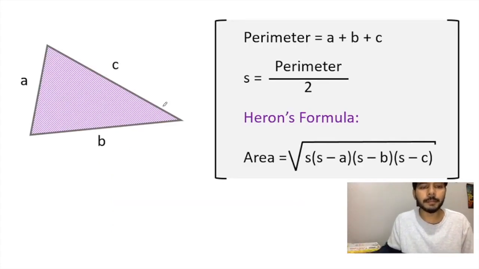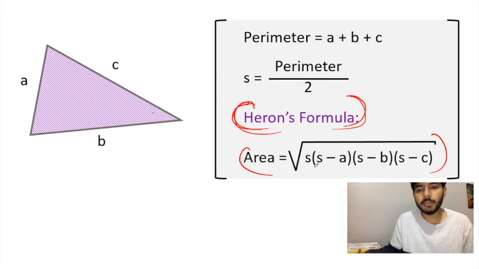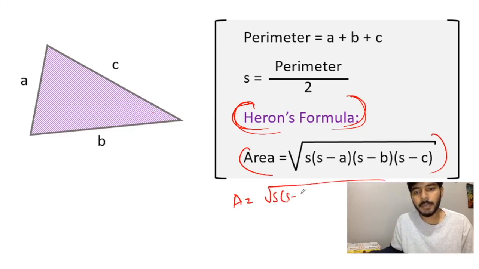The third type of triangle is the scalene triangle. If you want to find the area of a scalene triangle, you can use Heron's formula. This is Heron's formula: A is equal to root of S into S minus A, then S minus B, then S minus C. And here S is the semi-perimeter.